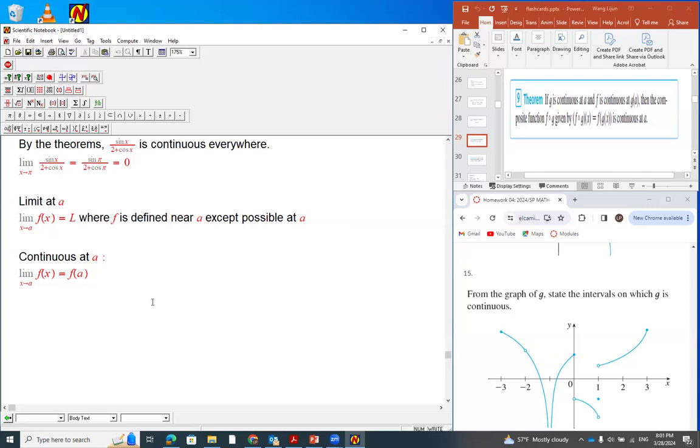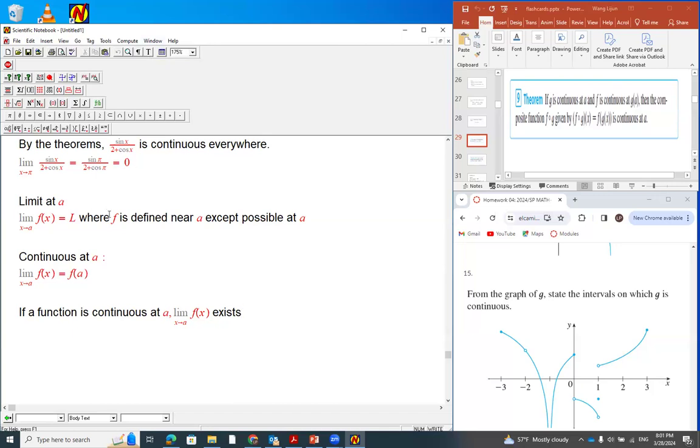Therefore, if a function is continuous at A, then the limit exists.